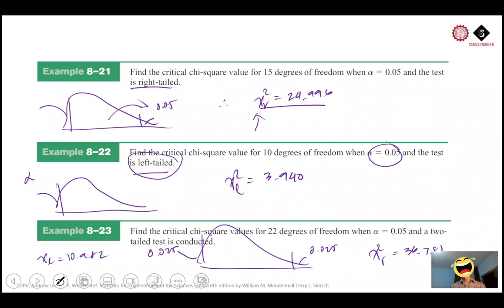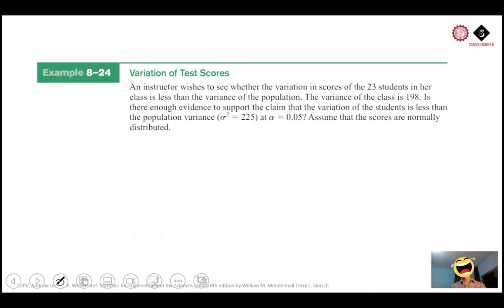Now, for the actual sample problem, let's have this one. An instructor wishes to see whether the variation in scores of the 22 students in her class is less than the variance of the population. Variance of the class is 198. Is there enough evidence to support the claim that the variation of the students is less than the population variance, which is 225?